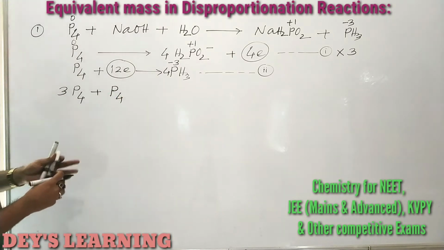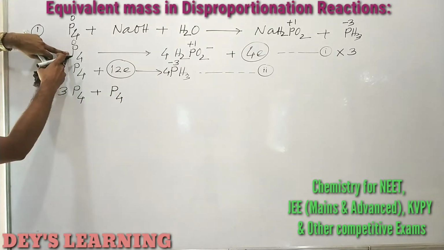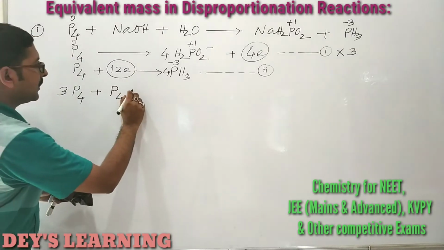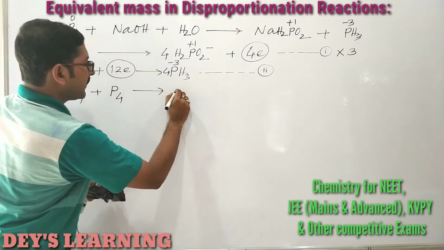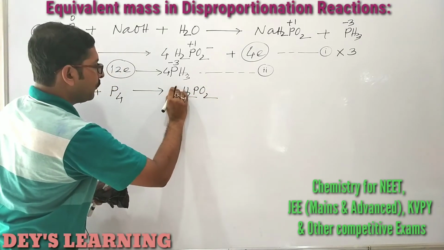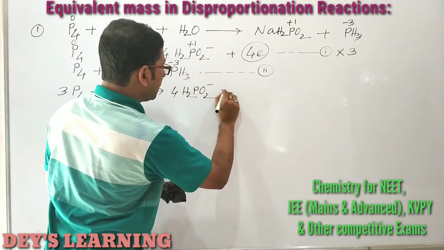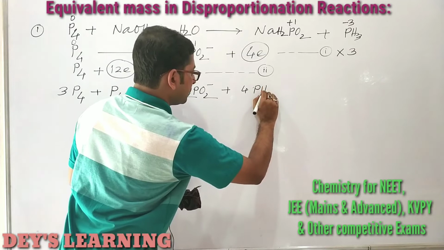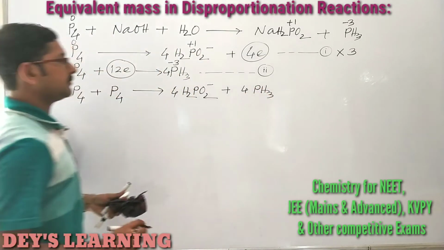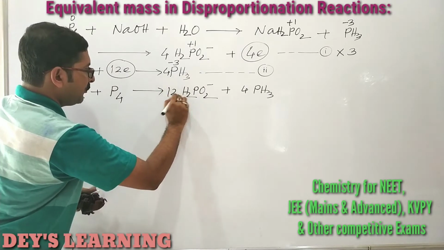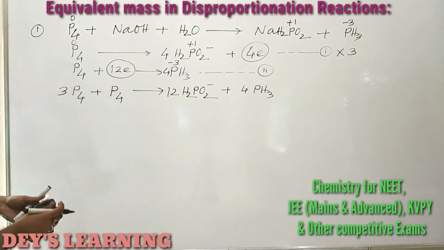We can write it in this way. For this phosphorus, this is 3 into P4, and for this phosphorus, this is P4. It gives 4 H2PO2 minus, and 4 PH3. Sorry, it is 12 H2PO2 minus plus 4 PH3.